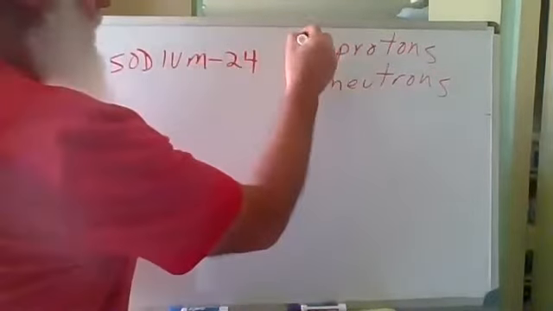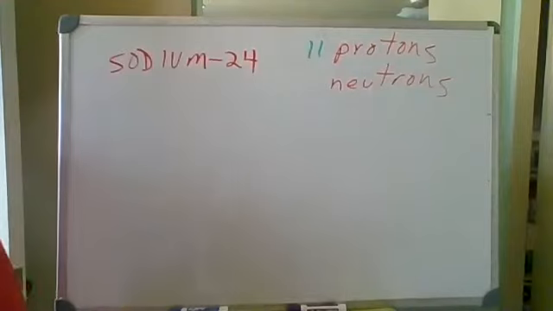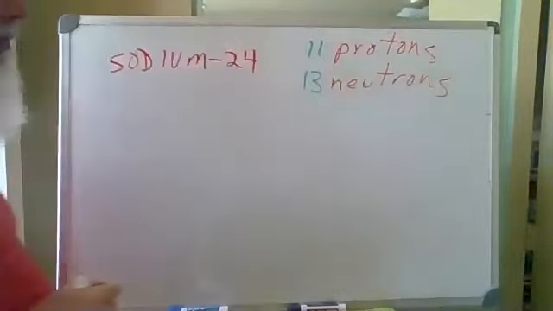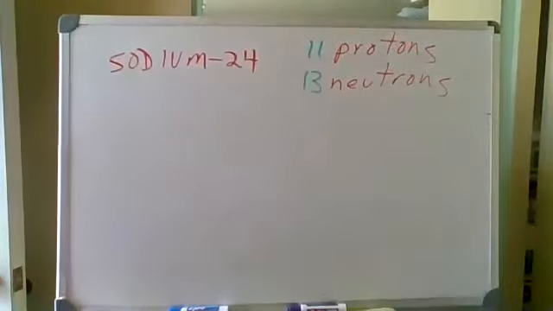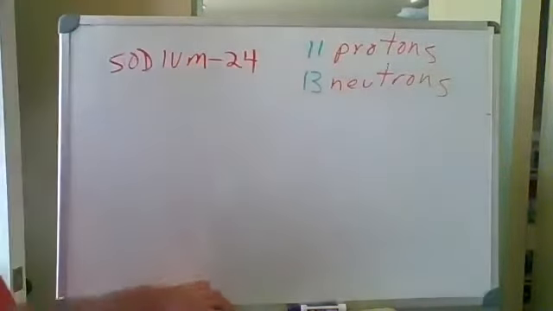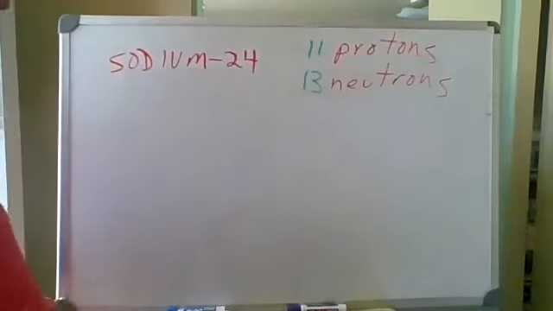Atomic number 11. Now, how many neutrons? 13. If you don't understand where these numbers are coming from, you need to speak up. I'm not going to be at your home to help you or any of your classmates. Okay? So let's look at another one.